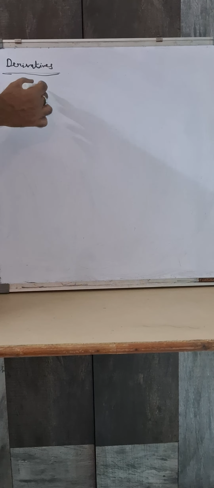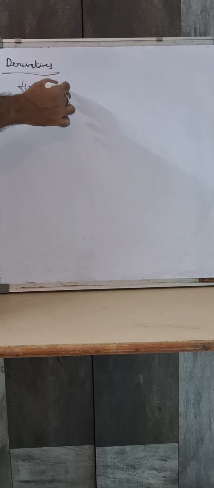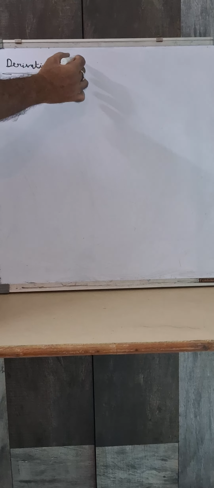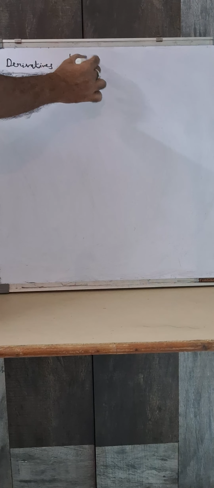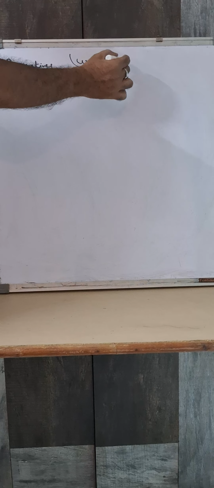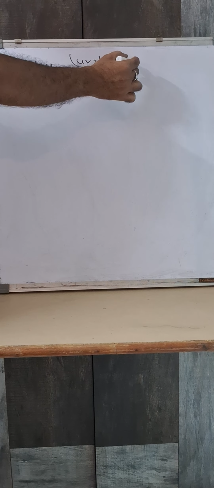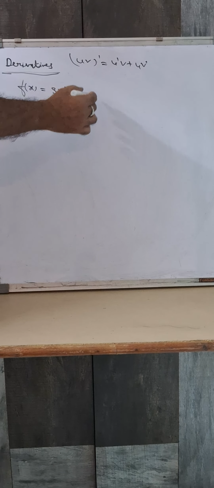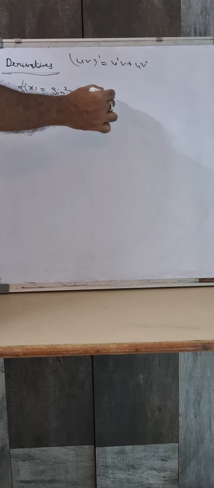Find the differentiation of sin square x. Okay, so I told you that differentiation of uv equals u'v plus uv'. Sin square x can be written as sin x into sin x.